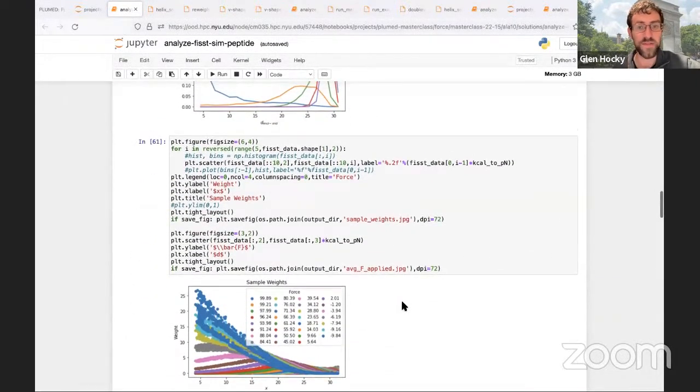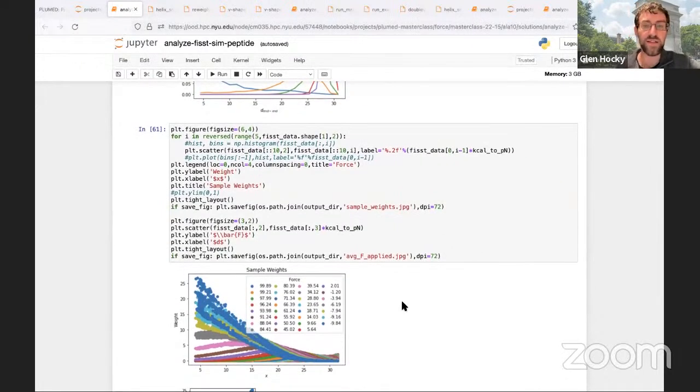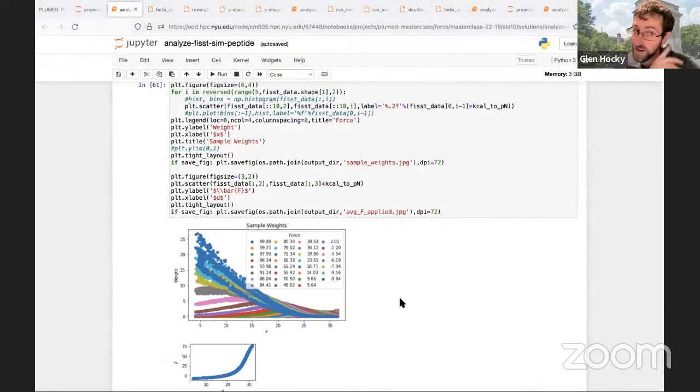And then some other things I didn't talk about looking at in the write-up, but can show now, is if you actually look at what the weights are for each force. The idea of the method is that the molecule experiences only one force at a time, but somehow it has the average effect of all of these forces.